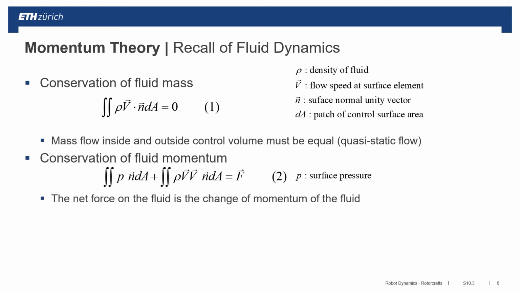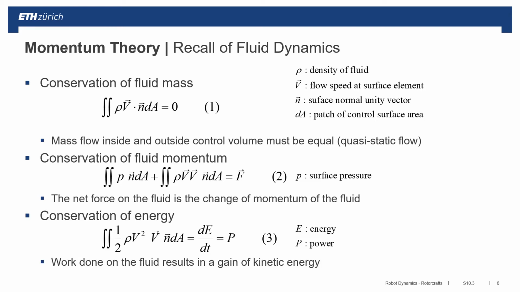The second equation is the conservation of fluid momentum, which says that the net force on the fluid is the change of momentum of the fluid. So the force in equation 2 is equal to the integral of the pressure over the surface plus the density multiplied by the flow speed squared in the normal direction at the surface.